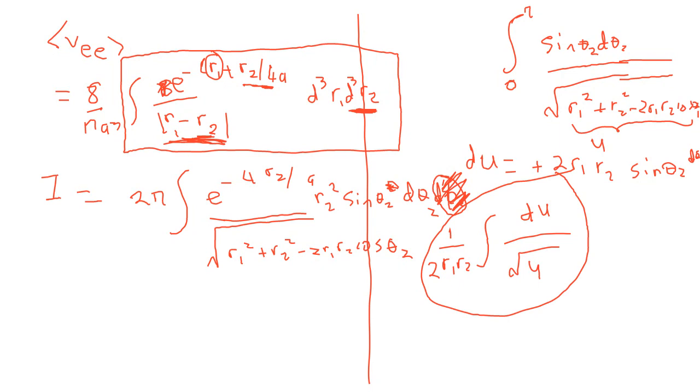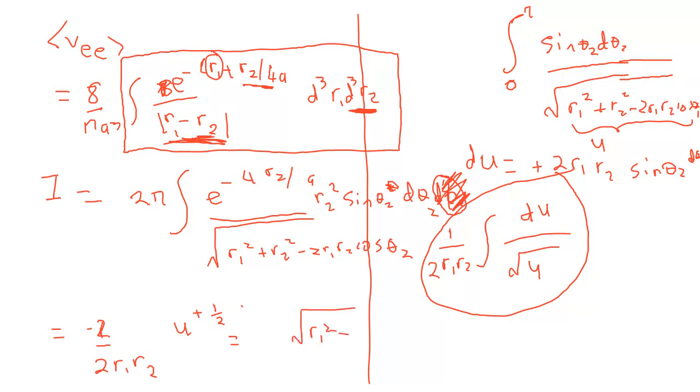And then this integral you can do, this just gives you 1 over 2 r1 r2 u to the minus half. I think it's plus half, right? It's u to the minus half, and maybe there is sort of a 2, and then you replace what the u will be.